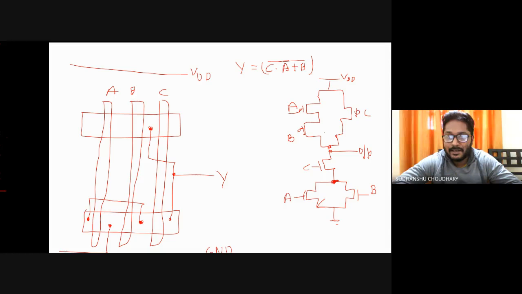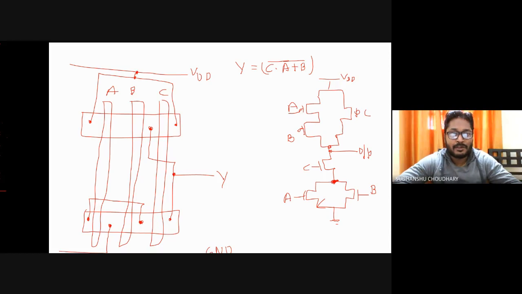And then you will see that A and C are commonly connected to VDD. And A and B are also connected. So this connection is for A and B. And for A and C, I will connect these two to VDD. So I'll bring it here, A, and this one for C, and I'll connect these two to the VDD.